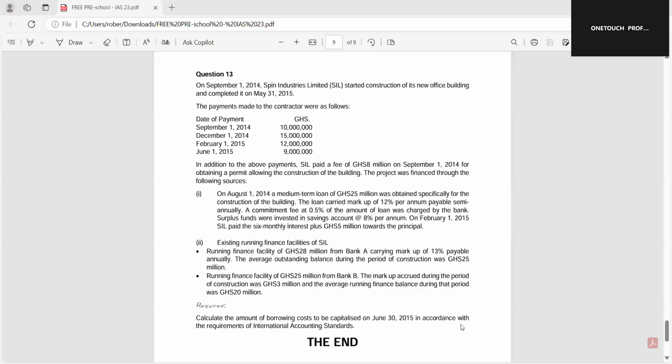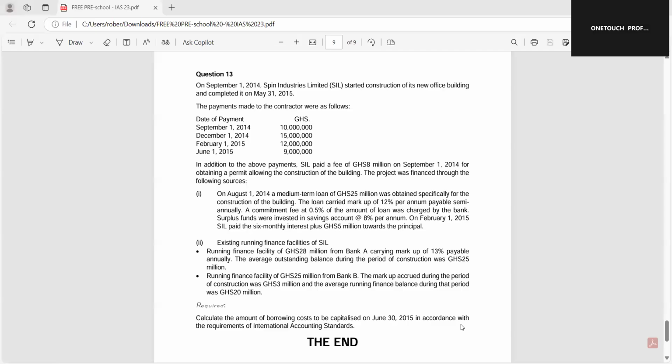Question 13. On September 1, 2014, Spain Industries Limited started construction of its new office building and completed it on May 31, 2015. The payments made to the contractor were as follows. September 1, 2014, 10 million. December 1, 2014, 15 million.